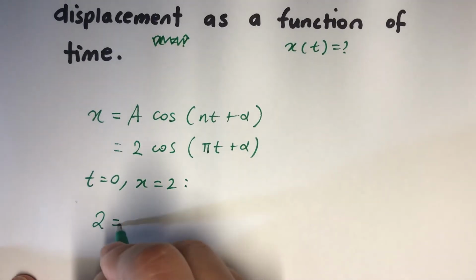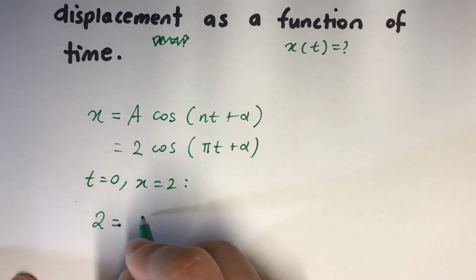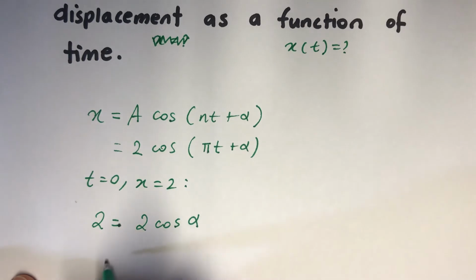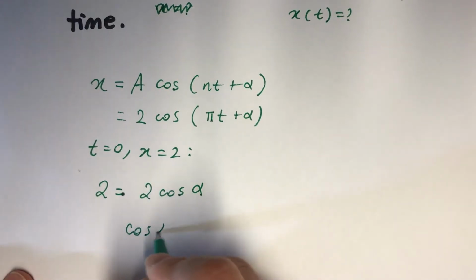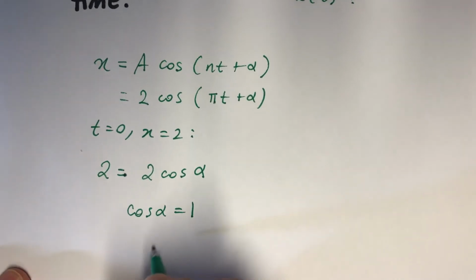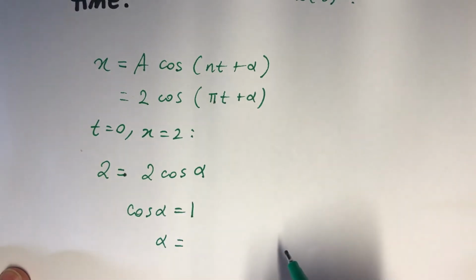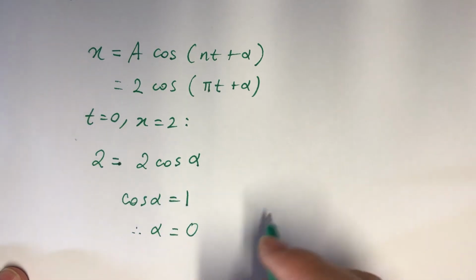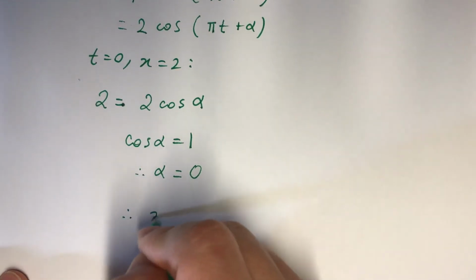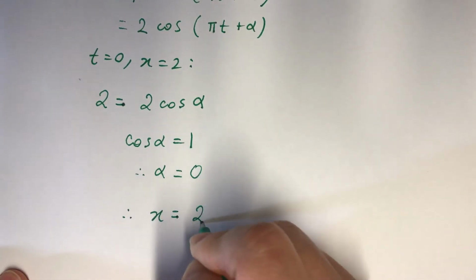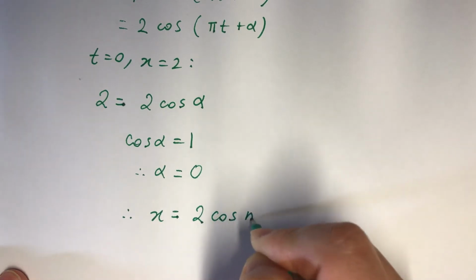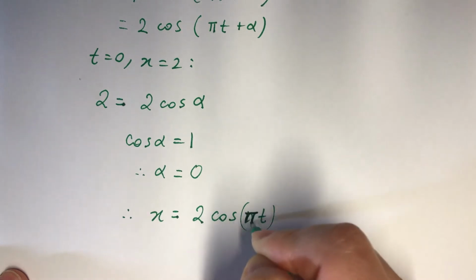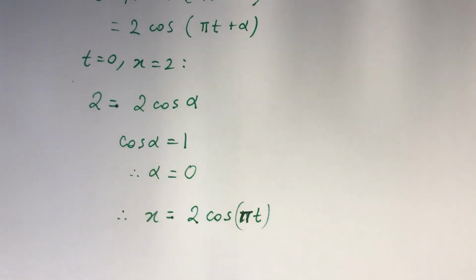So 2 equals 2 cos alpha, because the whole nt part is 0. Now cos alpha equals 1, and when is it 1? At 0. So therefore my equation is x equals 2 cos pi t. Okay, so that's my equation.